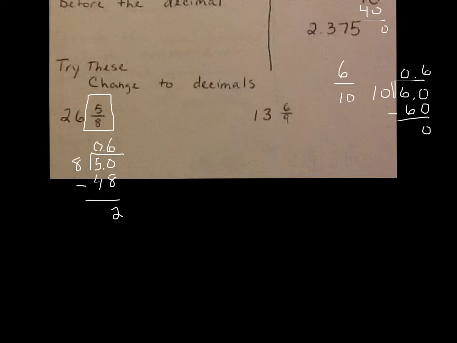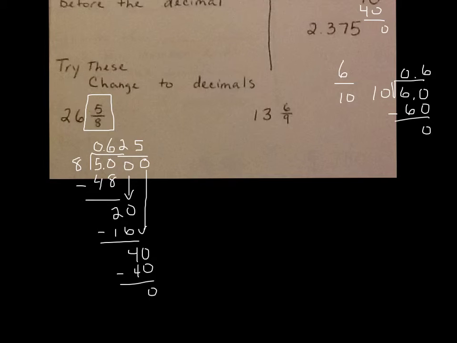We still have a remainder, so we have to keep going. Add a 0. 8 goes into 20 2 times. That's 16, and 20 minus 16 is 4. We're still not done, so we add another 0. 8 goes into 40 5 times. 5 times 8 is 40, and 40 minus 40 is 0.